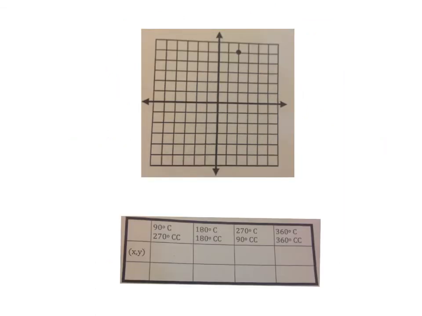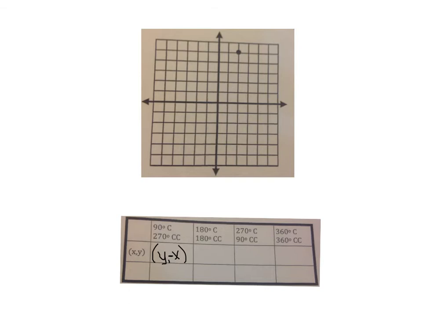All right, so now that we know what's the same and what's different when it comes to our rotations, we're going to talk about the rules. So if my point is (x, y) and I either do 90 degrees clockwise or 270 degrees counterclockwise, what that's going to do is make my y and x change spots and the x term become the opposite.